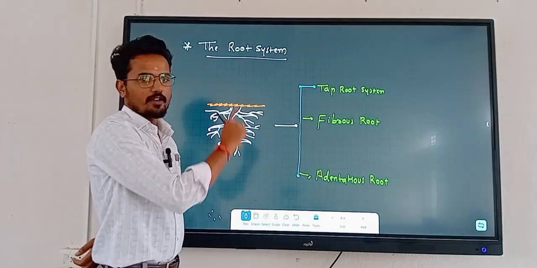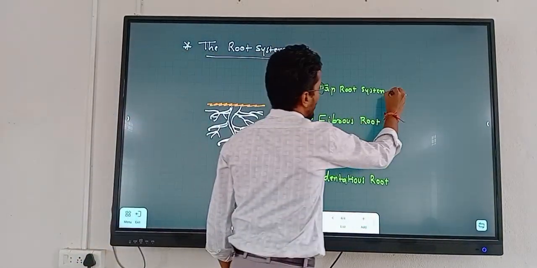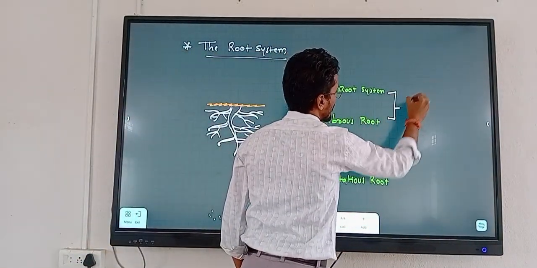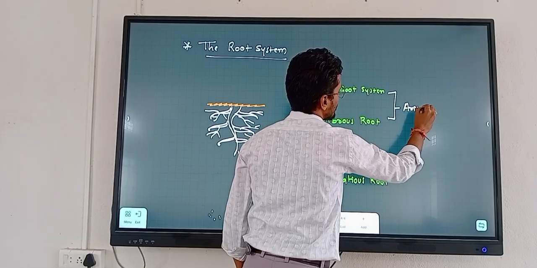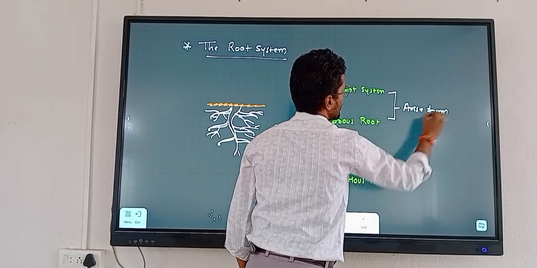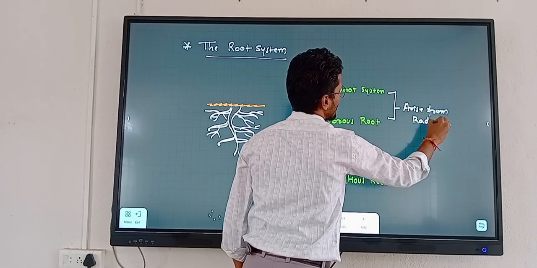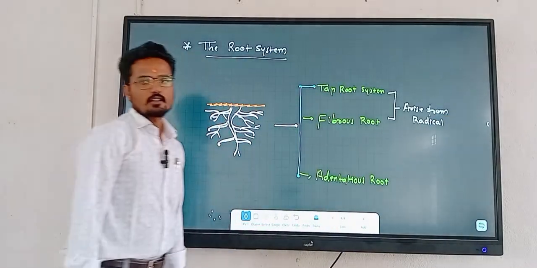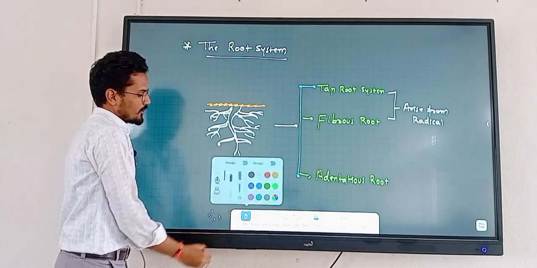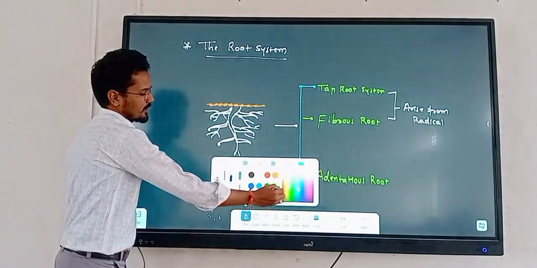So here, the taproot system and the fibrous root system both arise from the radicle.